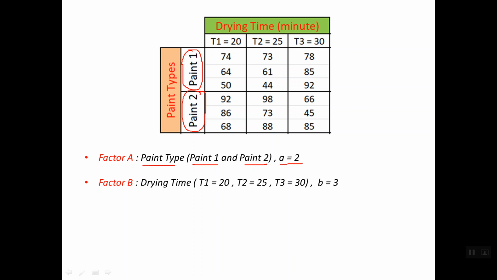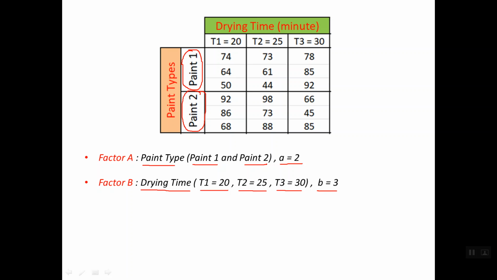Regarding the second factor, which is the drying time. So the drying time is the second main independent factor, and we have three levels for this factor. This is the first level, which is 20 minutes of drying time, and this is the second level, 25 minutes, and this is the third level, which is 30 minutes.